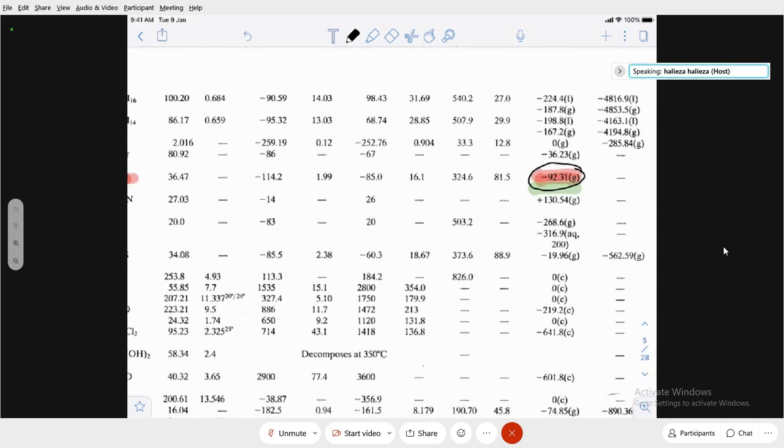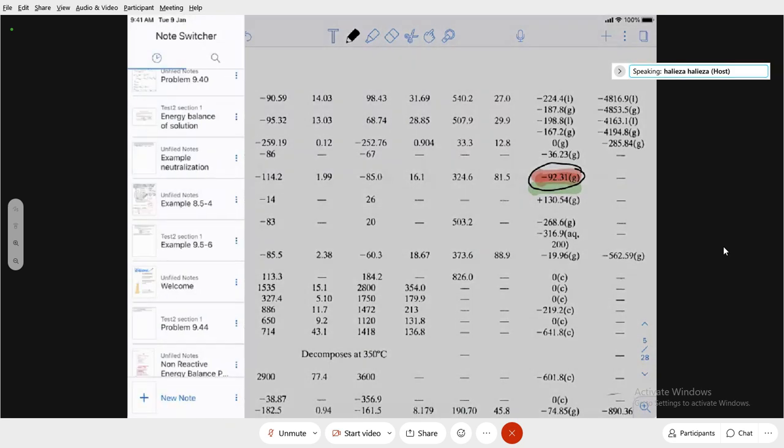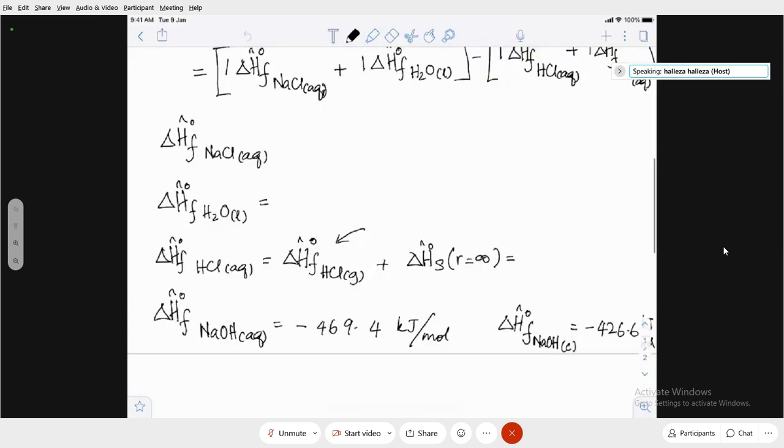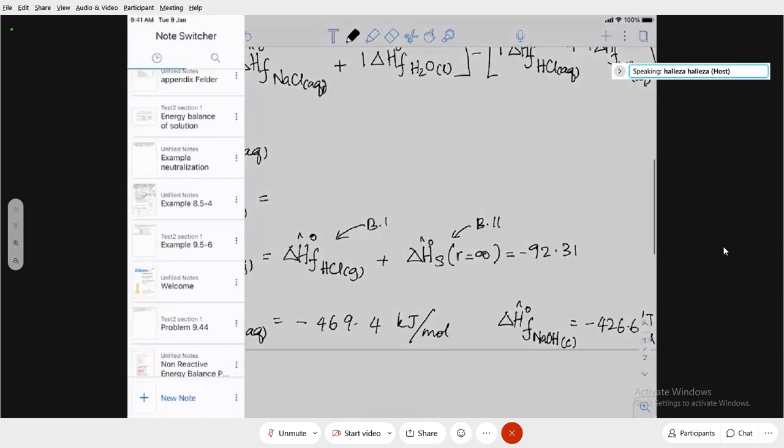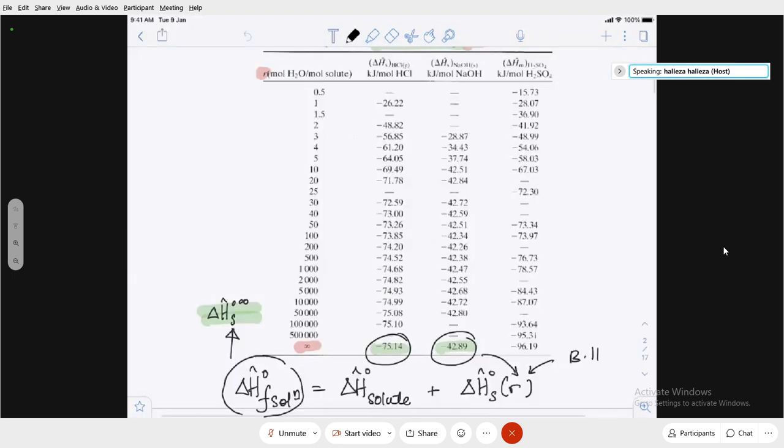So let's put that value inside our equation. That is equal to minus 92.31. And for the heat of solution, I need to go to appendix B11. I made a mistake when I said you can get the aqueous from here.